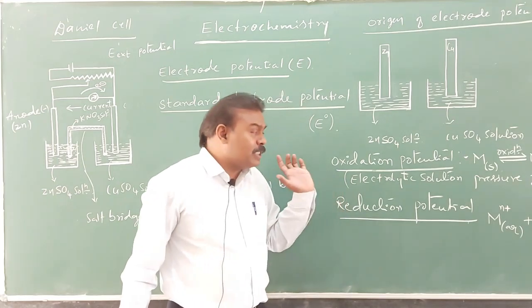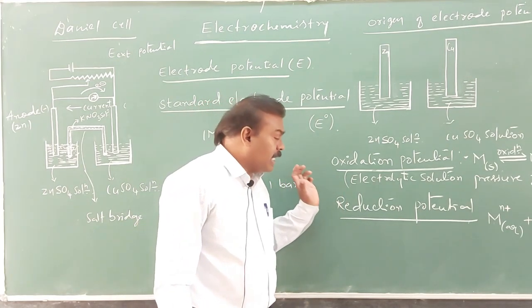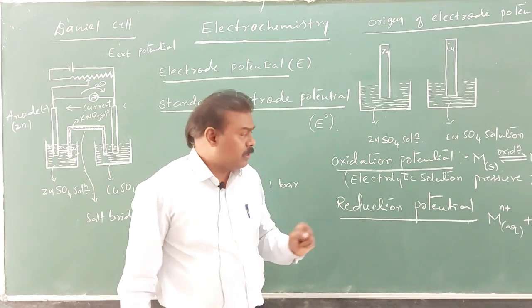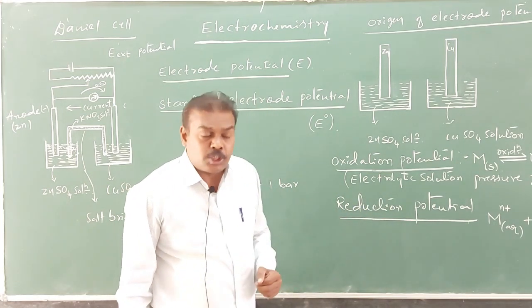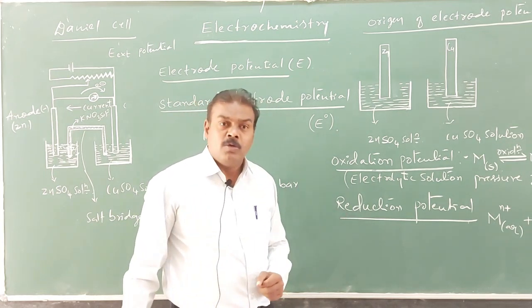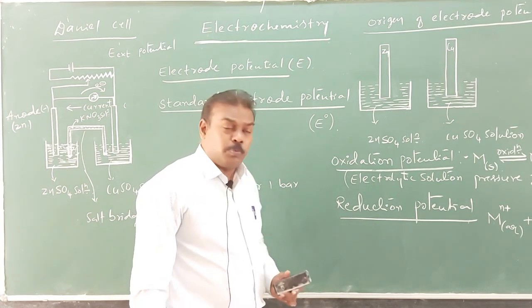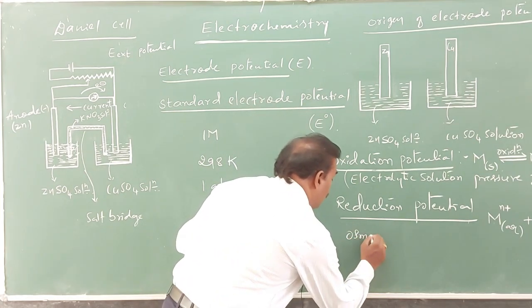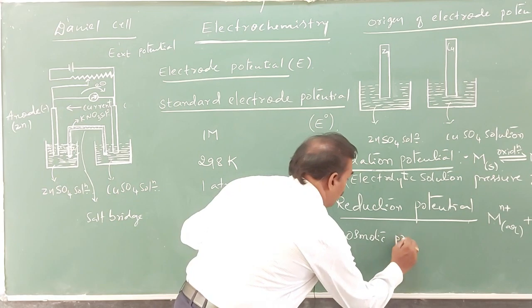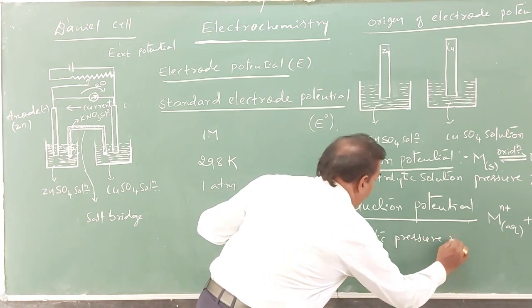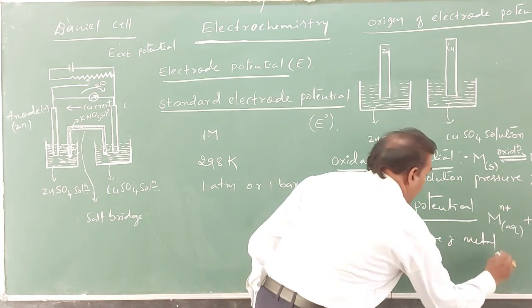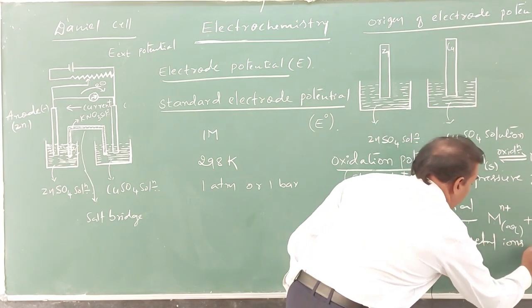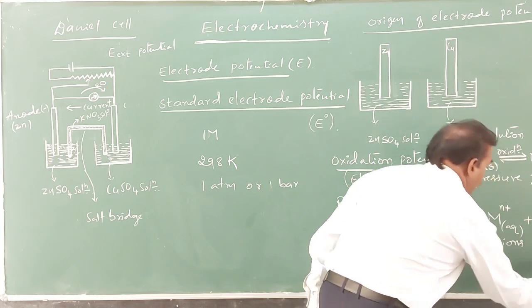So reduction potential means the tendency of the metal ions to gain electrons or to undergo reduction. Reduction potential is also called the osmotic pressure of metal ions in the solution.